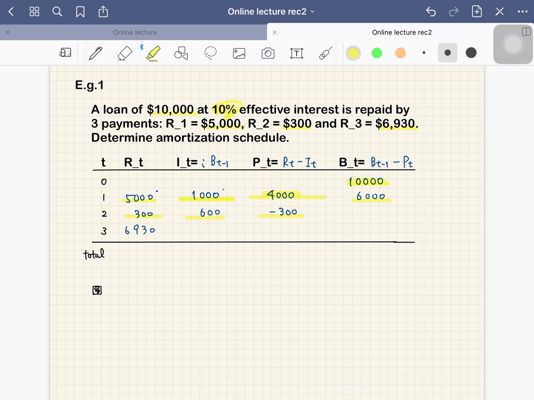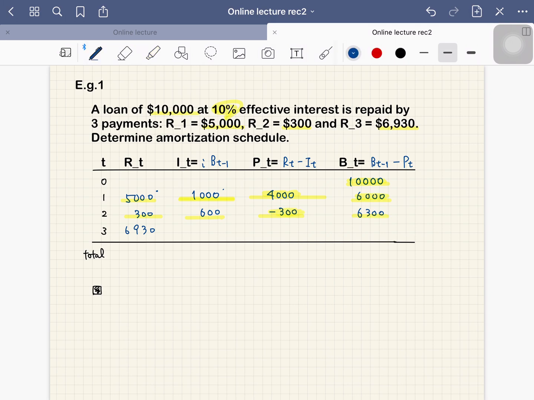Some loans had interest more than the total repayment. So of course many people could not pay off the loan, and it caused the financial crisis. Okay, so the principal has increased by $300, so the balance is $6,300. This is 6,000 minus principal repaid.